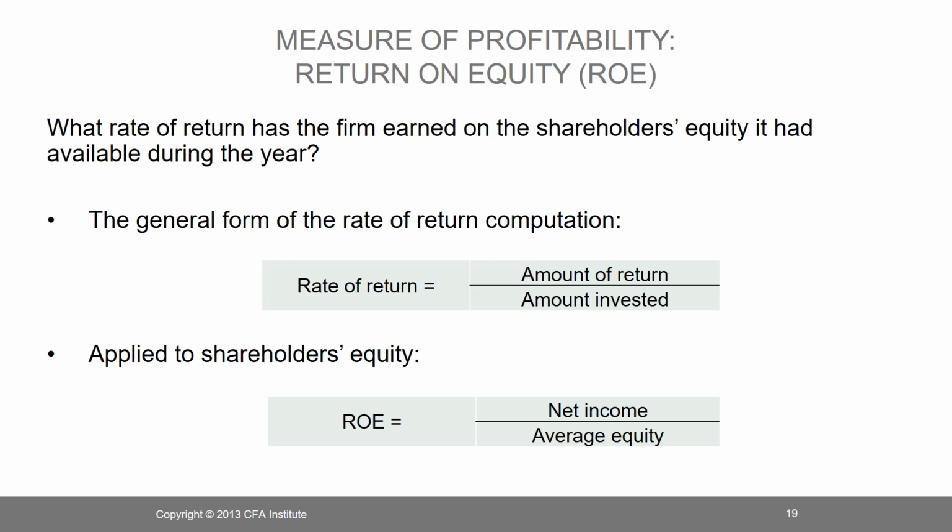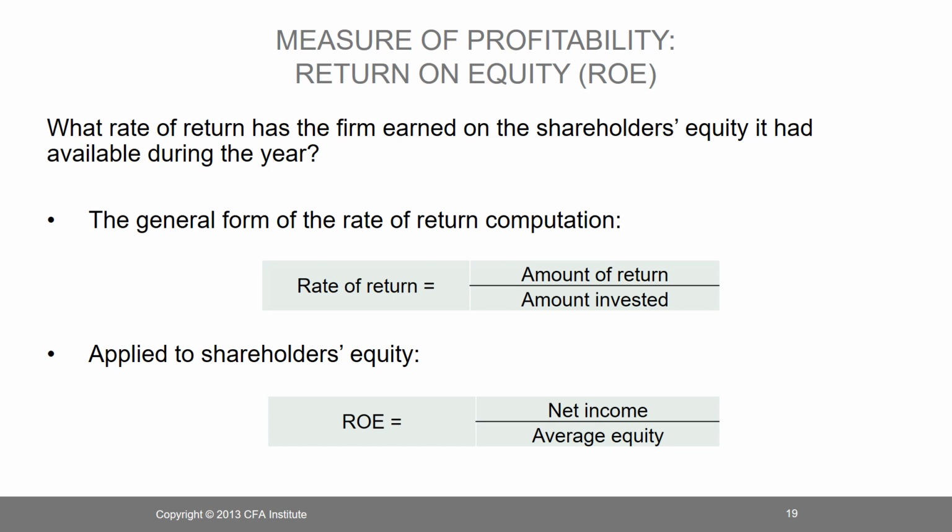So if you take the amount you ended up with in a specific project or investment and subtract the amount you started with at the beginning, you get the difference, or the amount of return. You divide that by the amount you originally invested in the project and you get the rate of return.